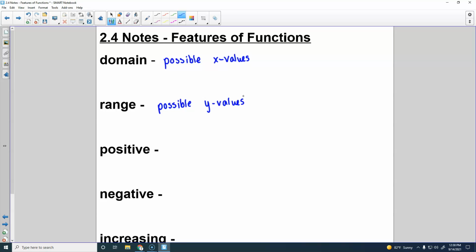When we are looking at the graph, how can we tell that the function is positive? That is above the x-axis. And so negative is below the x-axis.